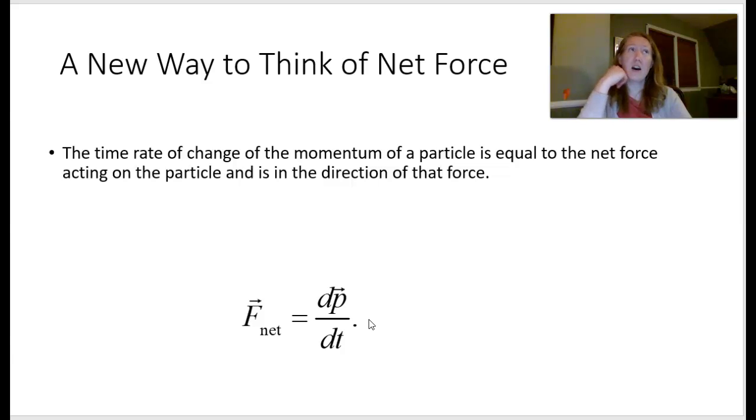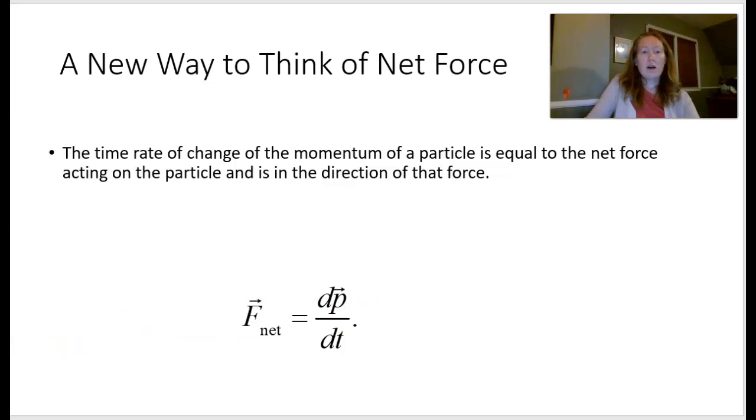This is actually how Newton originally wrote his second law. He did not write it as acceleration is net force over mass. So it's the rate of change over time of momentum that is equal to the force on an object. It's like saying, if I'm going to change this object's momentum at a certain rate, I'm going to put a net force on it.